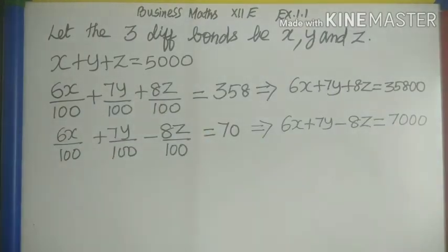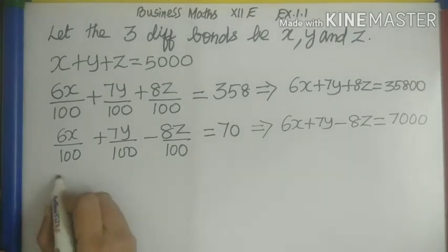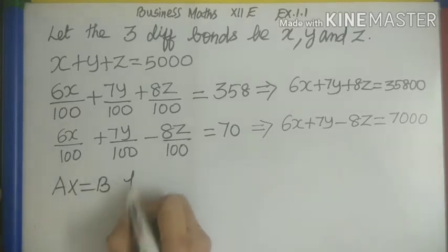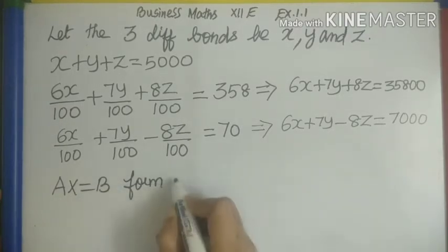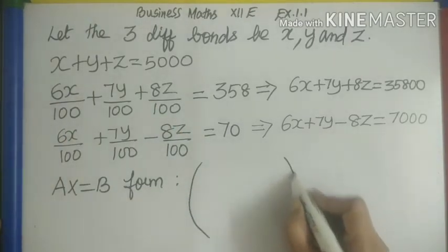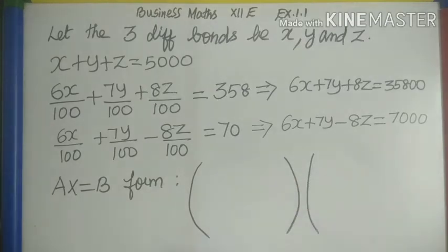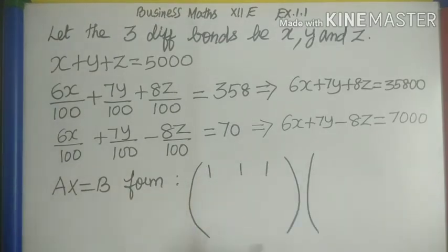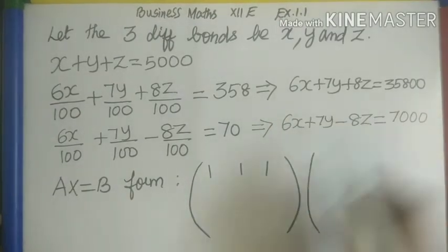So let us rewrite the 3 equations using the model Ax equal to B. So Ax equal to B form. We will write all the coefficients. What are the coefficients here? Say 1, 1, 1. Second equation 6, 7, 8.